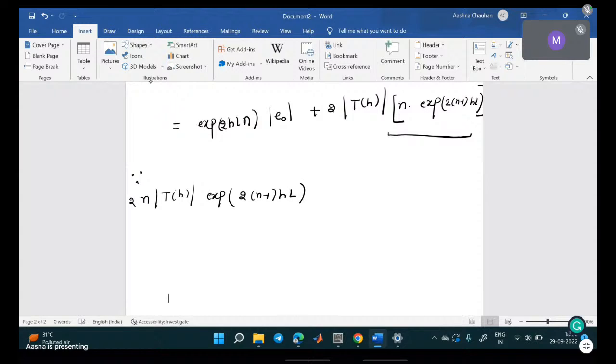This is less than or equal to twice of n mod th exponential of 2nhl, right?